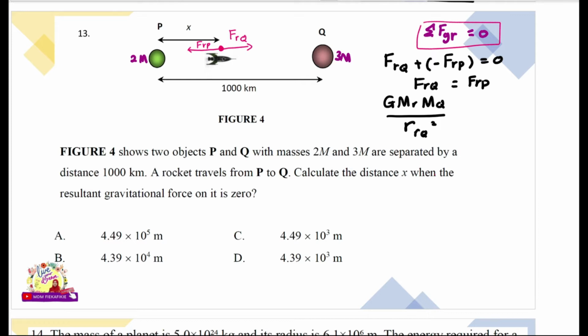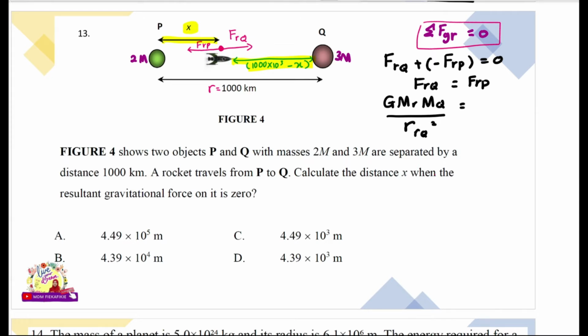So this is the distance R from P to Q. But from the rocket to Q, that is 1000 kilometer minus X. So you need to know this. This and this is X, its distance. Okay, so the other side is the same.